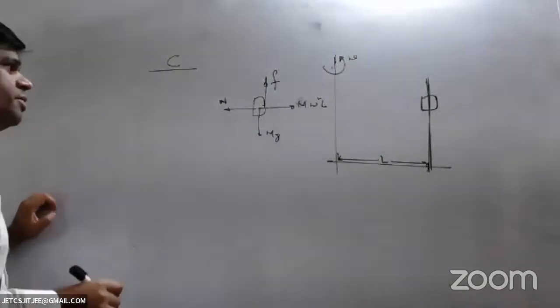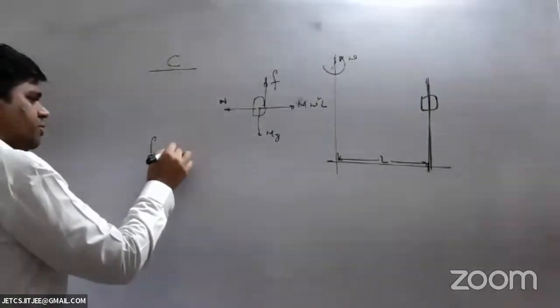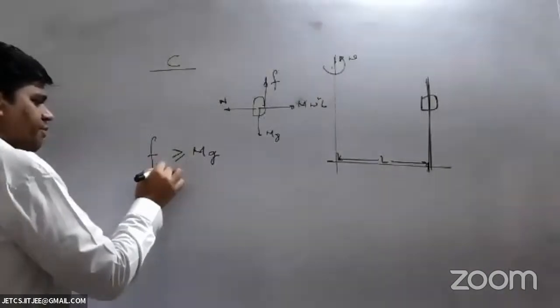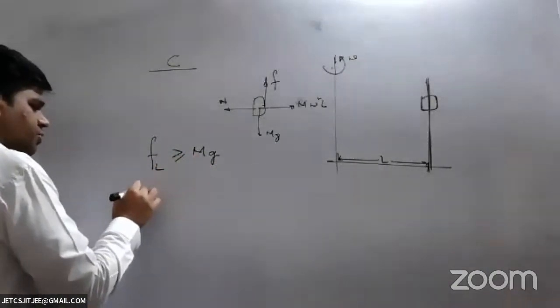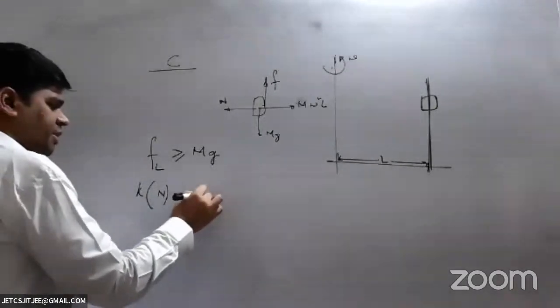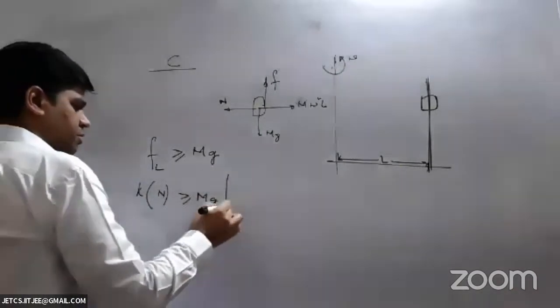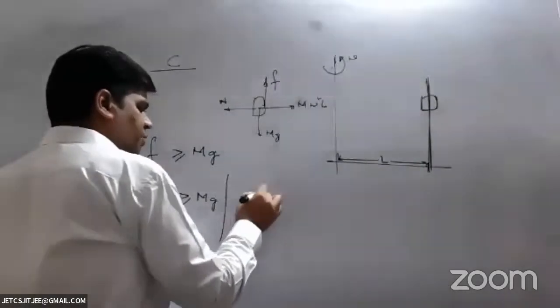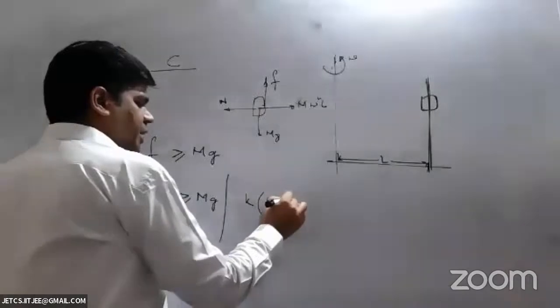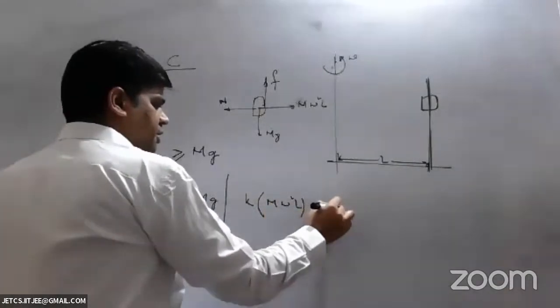So for it not to slip, F should be greater than or equal to mg. So the limiting value of friction should be greater than or equal to mg. So mu times N should be greater than or equal to mg. What is N here? N is equal to m omega square L. Mu m omega square L is equal to mg.